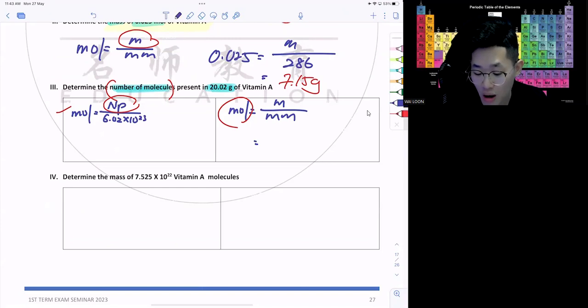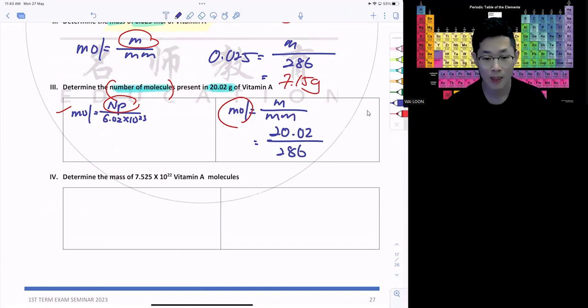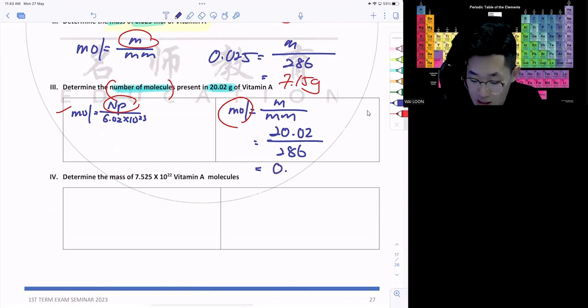So mole is what I'm supposed to find here. Gram, we sub it on top. And the molar mass we already got just now, 286, right? So we get 0.07 mole.